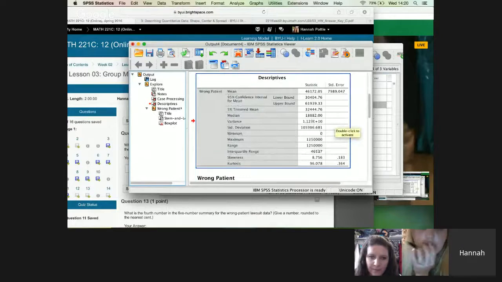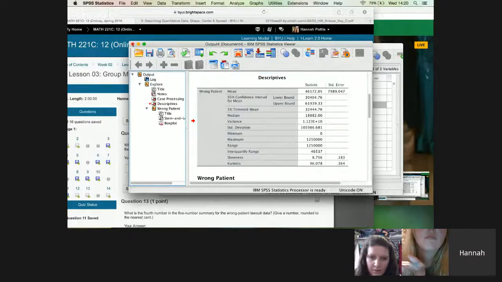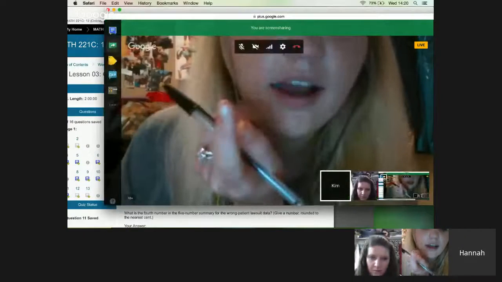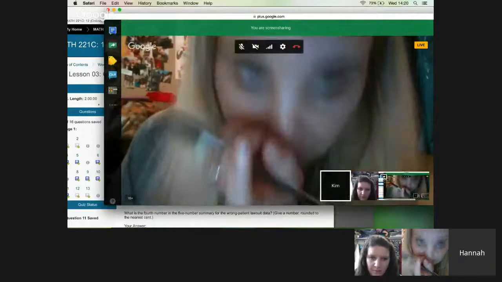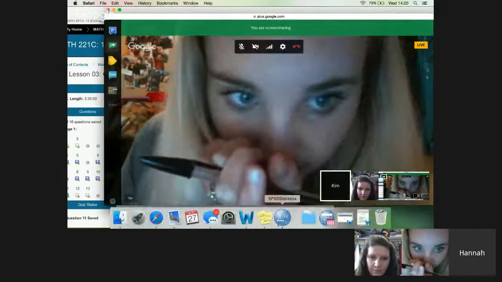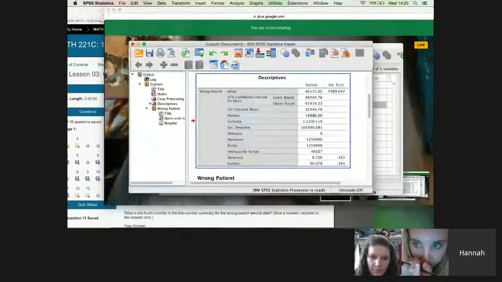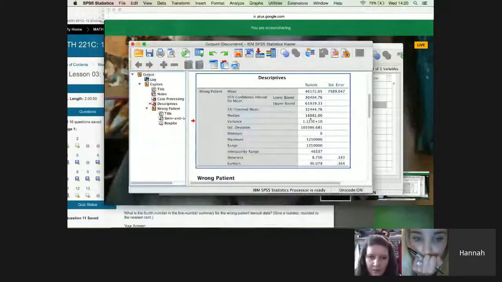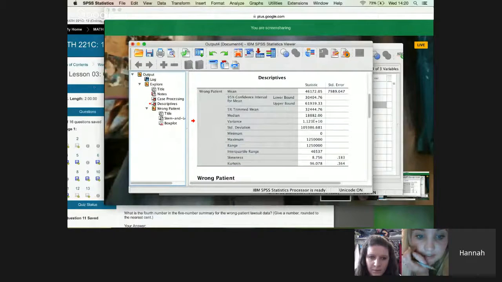What's the average or the median? The median is 18882. You could divide that by half. That would be a quarter. That's true.